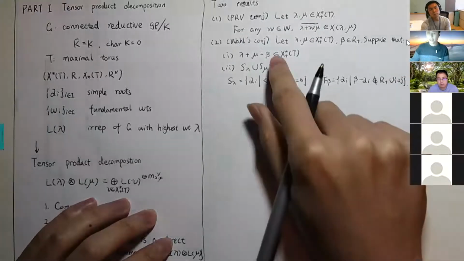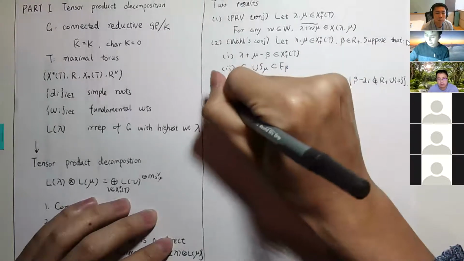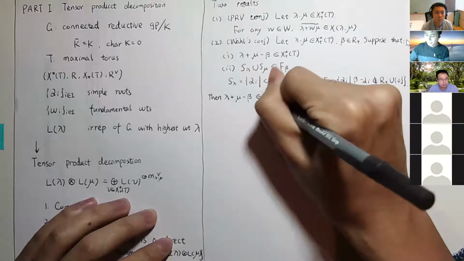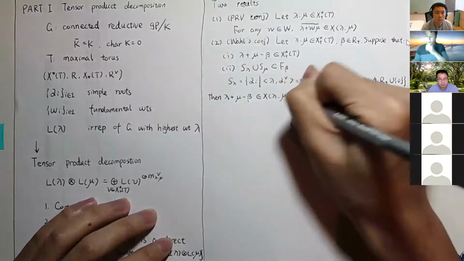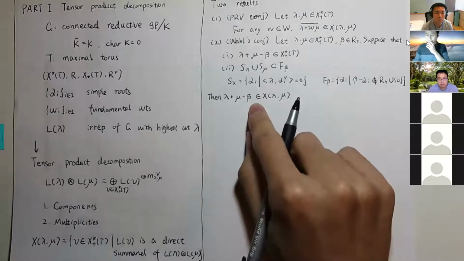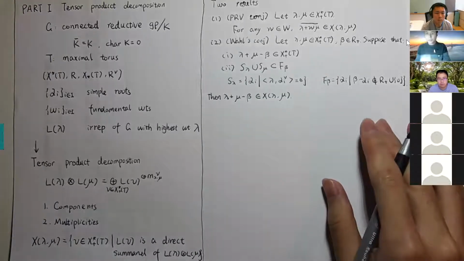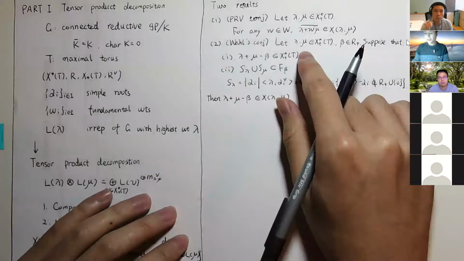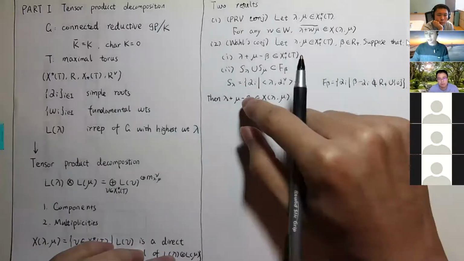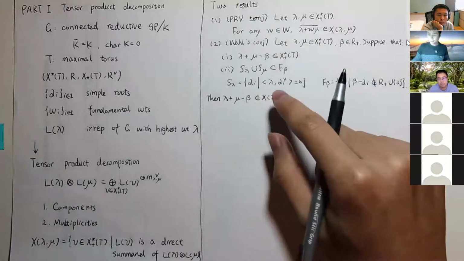If we have these two conditions, then lambda plus mu minus beta is in the set X lambda mu. This is sometimes called the root component of this tensor product. So these are two important results on tensor product decomposition that we need to use later.